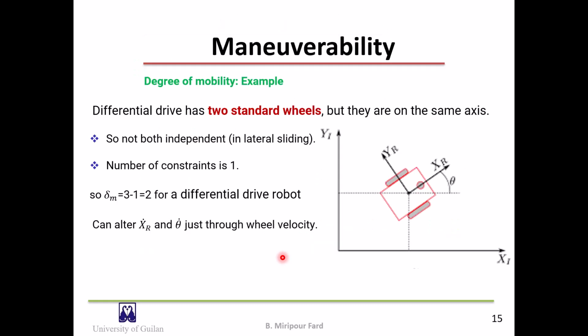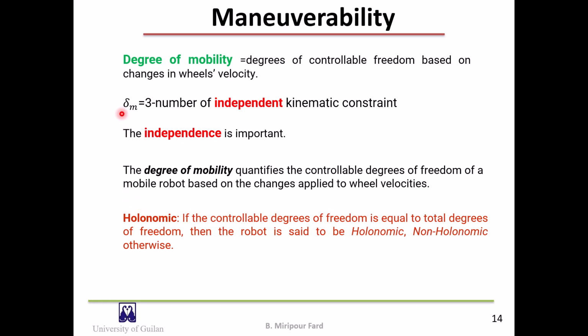Let's take an example. This differential drive robot has two standard wheels, but they are on the same axis. So they are dependent in terms of their lateral slip. So the number of constraints is 1, and degree of mobility equals 3 minus 1 based on this relation.